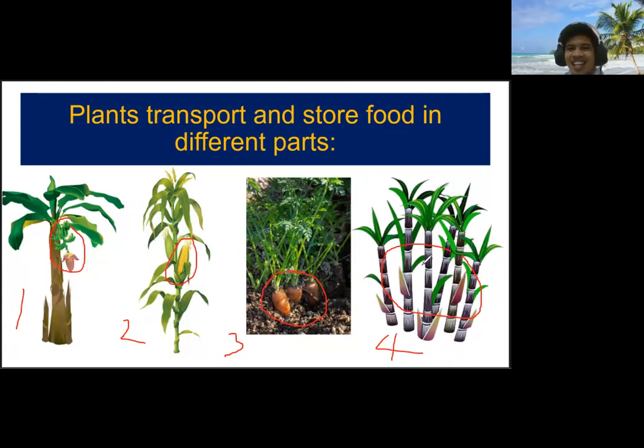Again, last question. What is the process in which the phloem transports food from the leaves to the other parts of the plant? What do you call that?